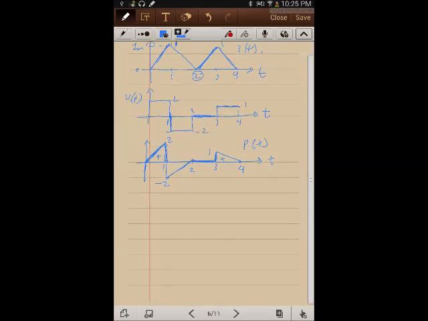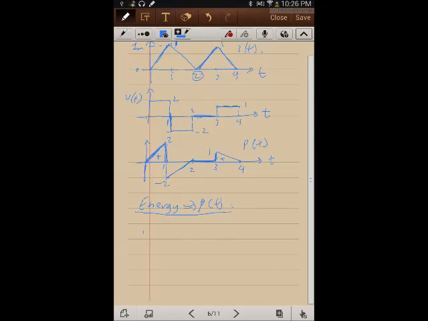This is an example of how to calculate the instantaneous power from graphs shown in this example. So then to find the energy from instantaneous power is just finding the integral of this instantaneous power.